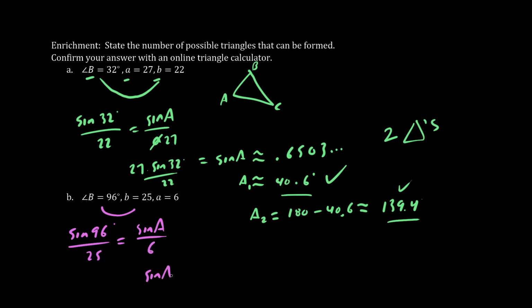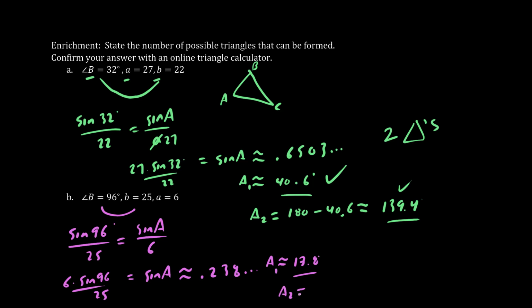Multiplying both sides, we have sine A equals 6 times sine 96 over 25, which is about 0.238, etc. Hitting sine inverse, we get A is about 13.8 degrees. So 13 degrees seems fine, 96 degrees is the other angle, and we don't exceed three angles being greater than 180. And that's our first possibility.